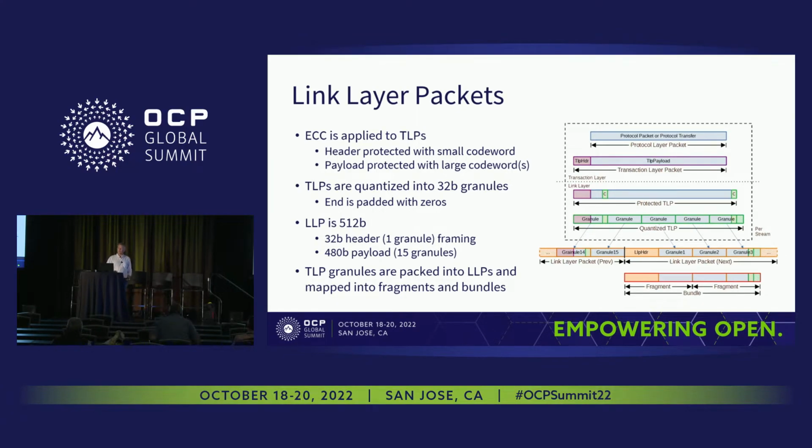After the LLP has been packed, it is divided into fragments that are assigned to various slice logic interfaces on the PHY. The group of fragments transferred on the interface with the physical layer is also known as a bundle. This process is effectively reversed in the RX layer, and bundles received on the interface with the physical layer are transformed into TLPs presented on the interface with the transaction layer.